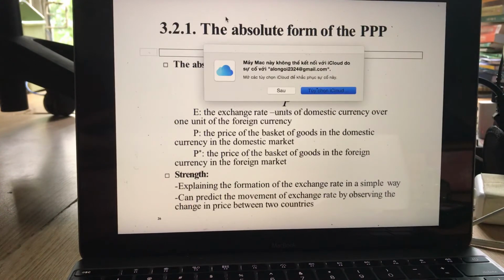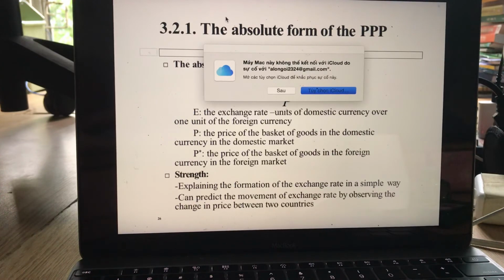This formula can explain the formation of the exchange rate in a simple way, and we can predict the movement of the exchange rate by observing the change in the price between the two countries.